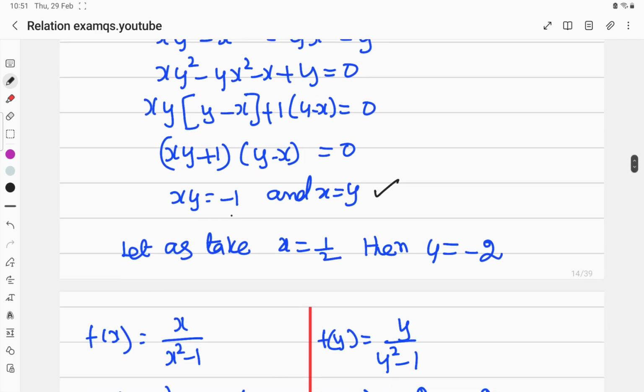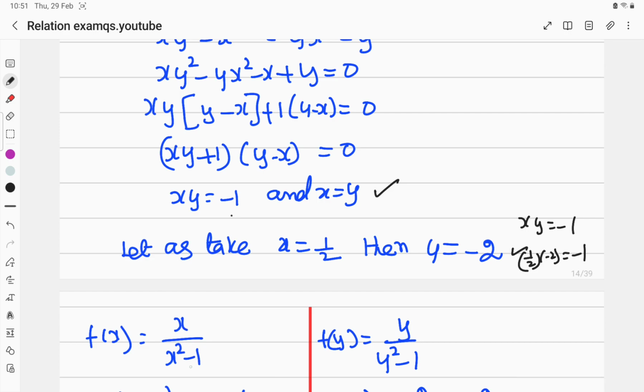Let us take x = 1/2, then y = -2, because xy = -1. Therefore, 1/2 into -2 gives -1.